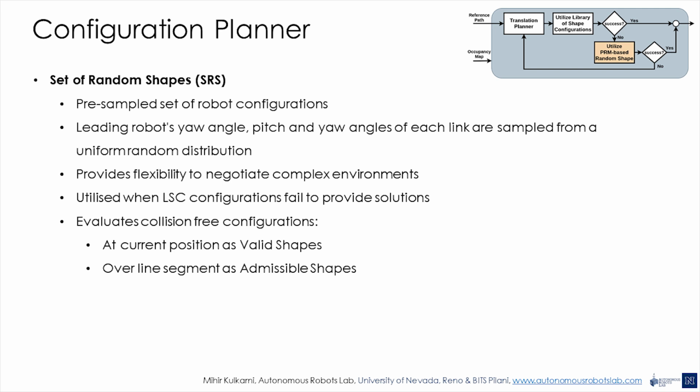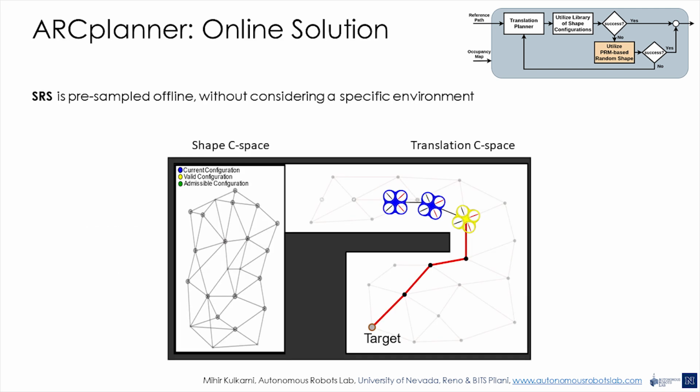This shape is added to the SRS. The specific environment map is not considered when building the SRS. This step is executed a priori, and as a result, the robot has a large number of pre-sampled SRS configurations at its disposal when needed.